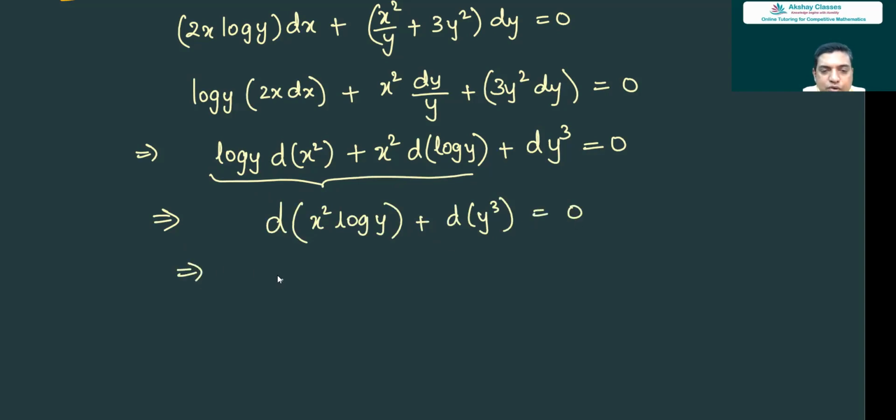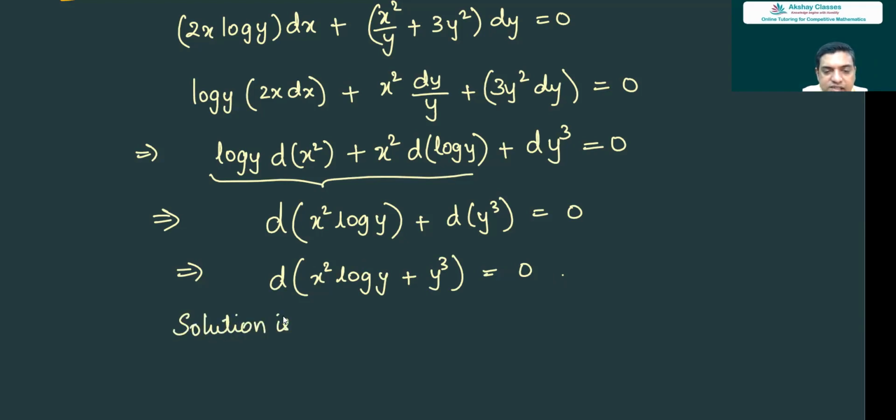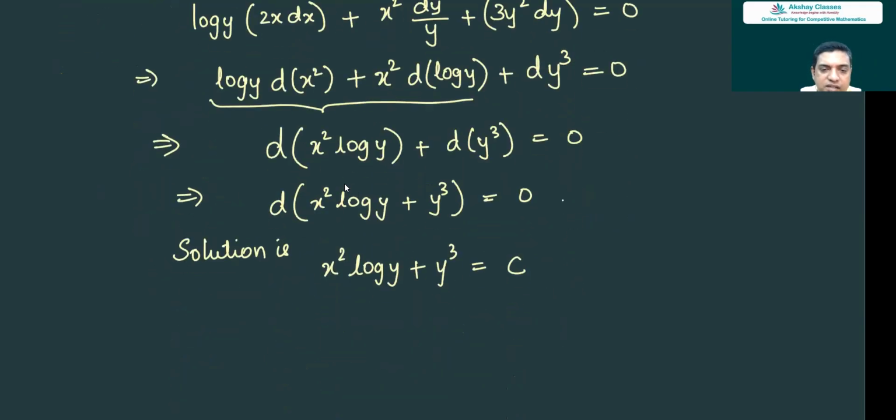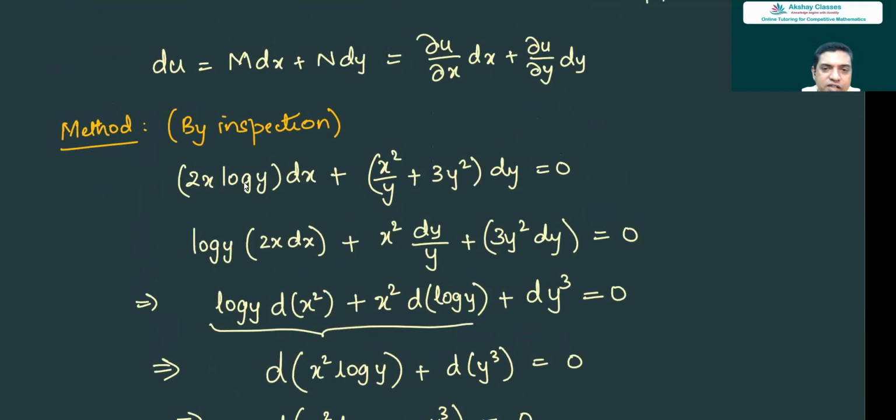Now using the sum rule for differentiation, you get x square log y plus y cube. So the solution, now you integrate: x square log y plus y cube is equal to c. Okay, this is the method by inspection.